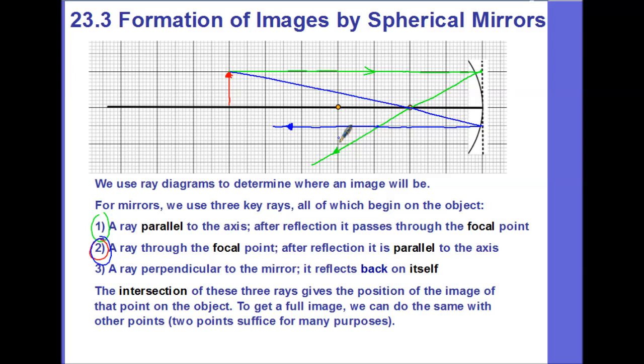Let's do one more here. Let's go ahead and draw this one as pink here. So let's draw a ray that is perpendicular to the mirror, reflects back onto itself. Okay, so if we were to draw that perpendicular to the mirror, it would actually have to go through the center of curvature here, and so it would end up having to go through here.